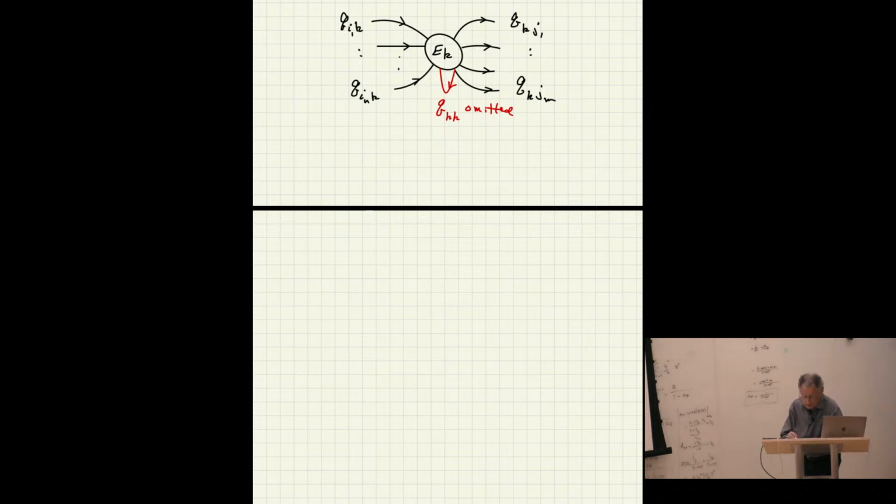Now, what I've drawn here is an arbitrary Markov chain. Let's do it for the birth-death system. So I'm going to identify a number of states. Let's do it over here.